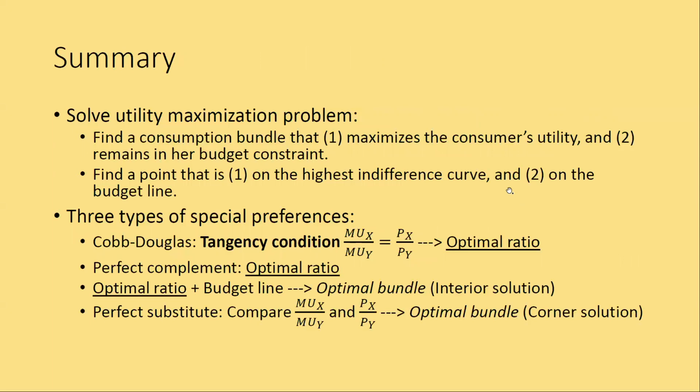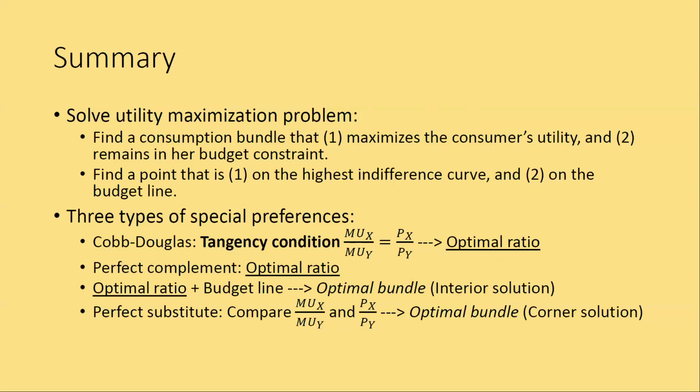So to summarize what we have done today, we first defined what is meant by solving a utility maximization problem. So we are looking for a consumption bundle that maximizes a person's utility while remaining within her budget constraint. And on a graph, we are looking for a point that is on the highest indifference curve and also on the budget line.